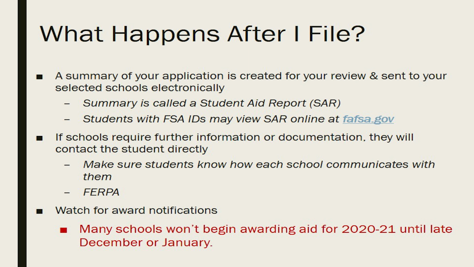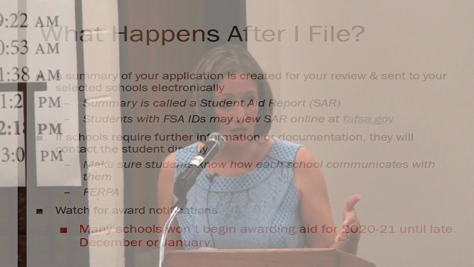If the school is going to require further information or documentation, they need to contact the student directly, okay? So they'll send an email, or they'll send some kind of a letter or something. And so you want to know what your school is going to expect of you and what way they're going to actually interact with the student.